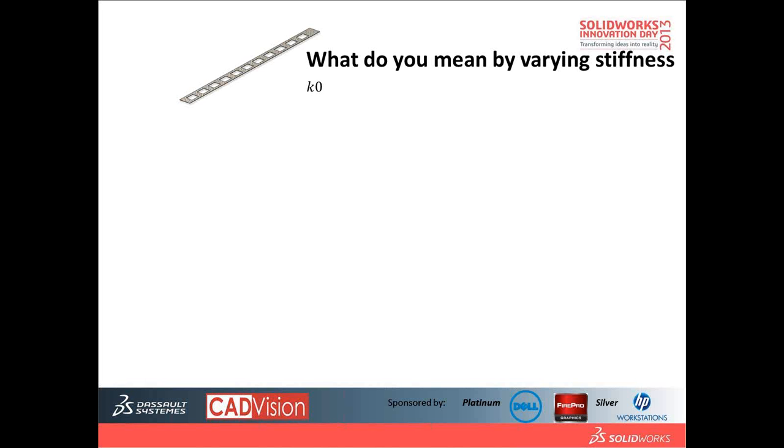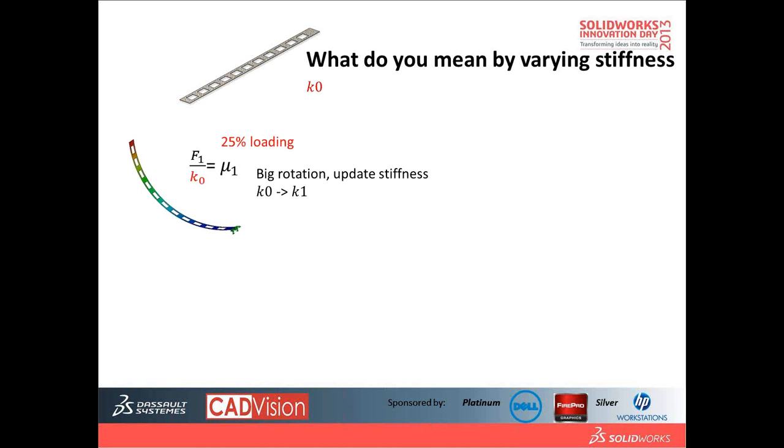It's the same. Originally, we have a stiffness of K0, and we don't apply 100% loading. We apply a certain loading, and then if big rotation or big displacement is encountered, the stiffness will be updated. Let's say until 25% loading, it is bending like this. Actually, the shape has changed a lot. The stiffness changed a lot, and the stiffness has to be updated.